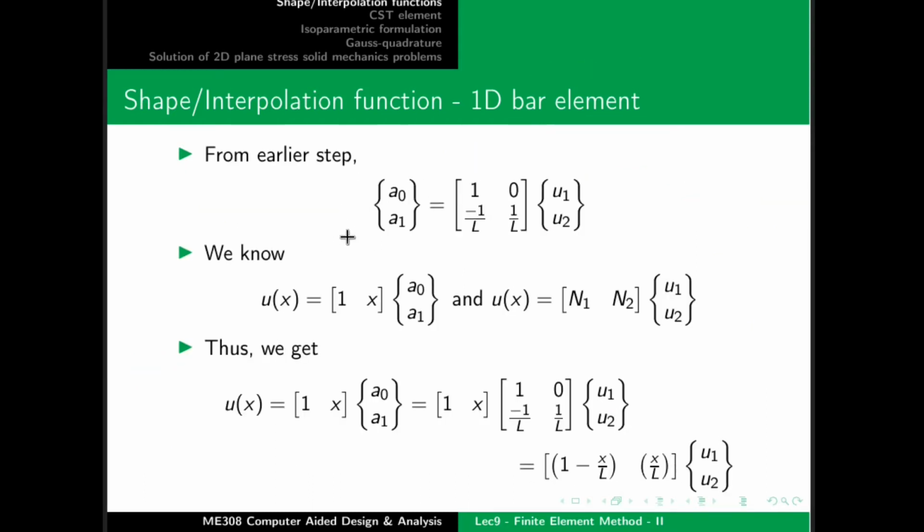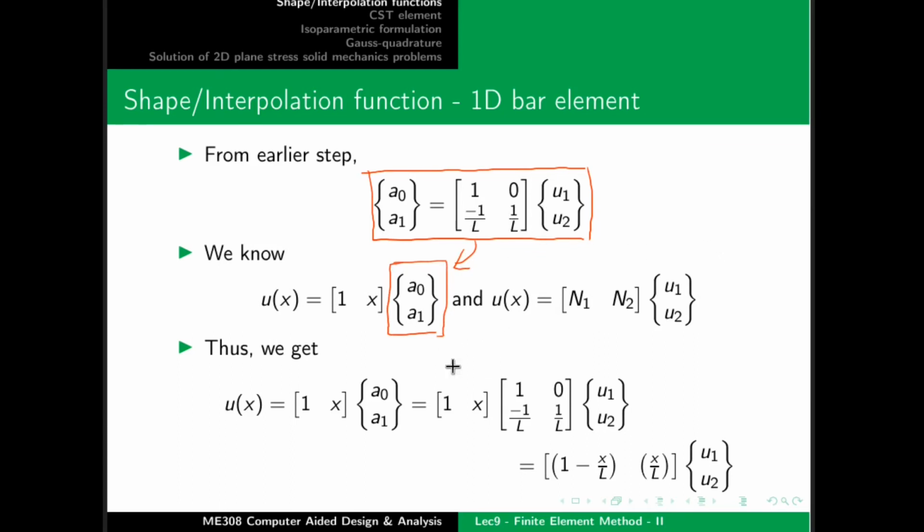So next we have our matrix form for the displacement function, that u of x equals 1 x times a0 a1. This matrix a0 a1 we have obtained from the last step. So we can replace a0 a1 with the product of these two matrices.